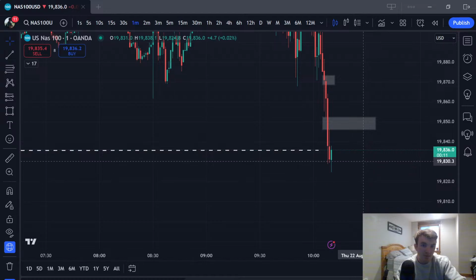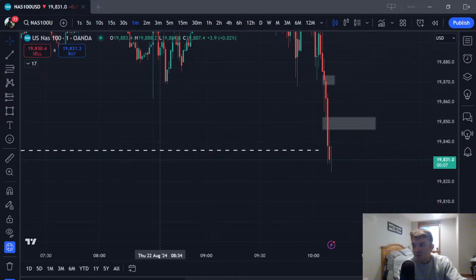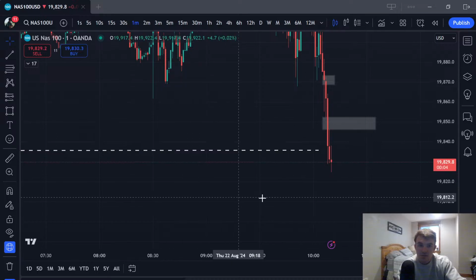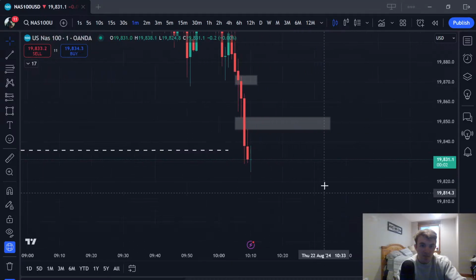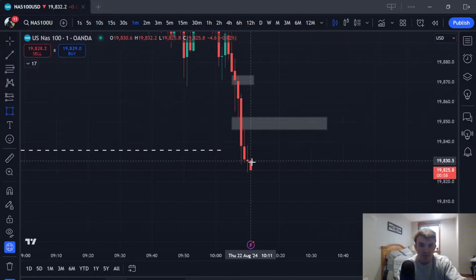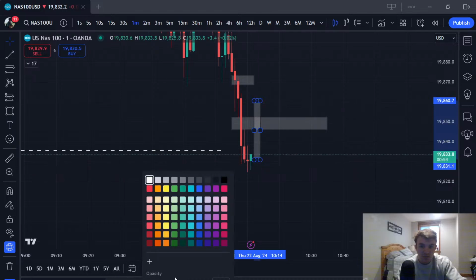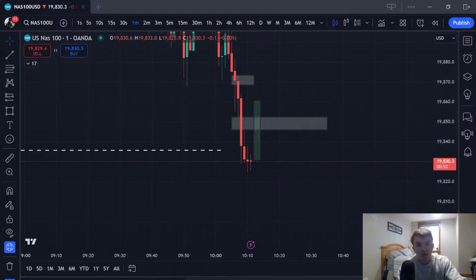Okay, 12 seconds. So we want to see a candle body come up like this and close. This is what we want to see.